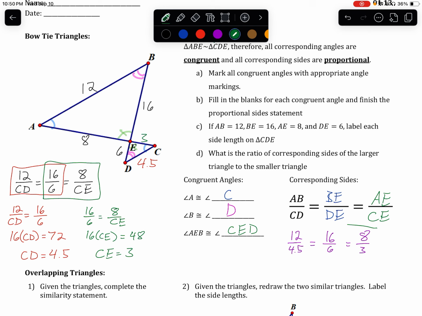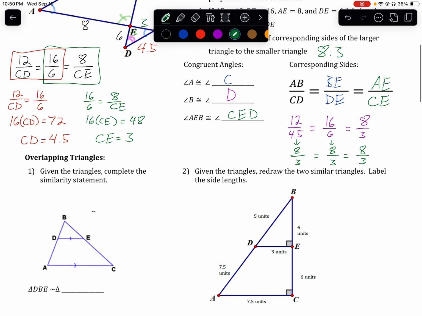And because these sides are proportional to each other, they're all equal ratios. 8 over 3 is the reduced fraction. I can also say 16 over 6 would also be 8 over 3. And then 12 over 4.5 is also 8 over 3 as well, if I were to reduce that in my calculator. So my ratio of our larger triangle to the smaller one is 8 over 3, or 8 to 3.